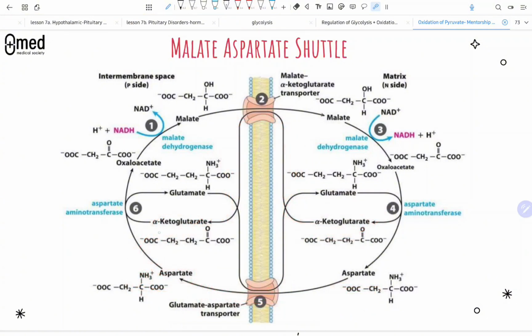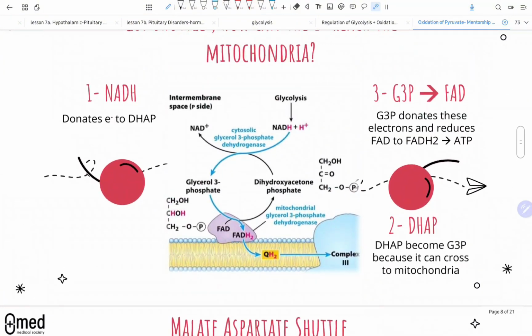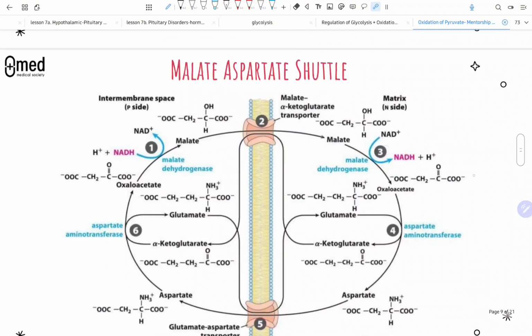When this amine group is returned to alpha-ketoglutarate, it goes back to becoming glutamate, and of course, when you remove this from aspartate, it goes back to oxaloacetate. Okay, so this is the malate aspartate shuttle. These two are very important. Okay, guys?